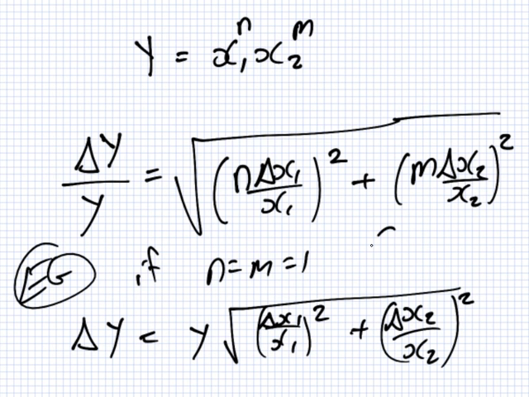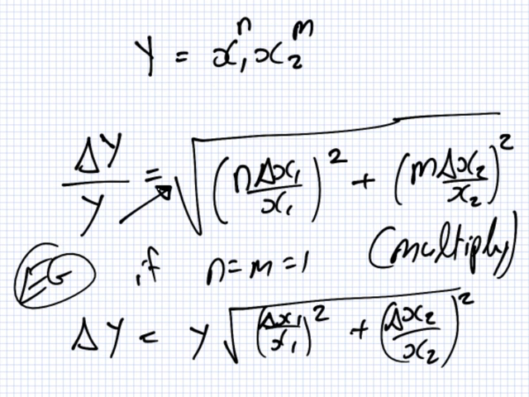This is the multiplying case. Why is there a y before? I just cross multiplied the y.